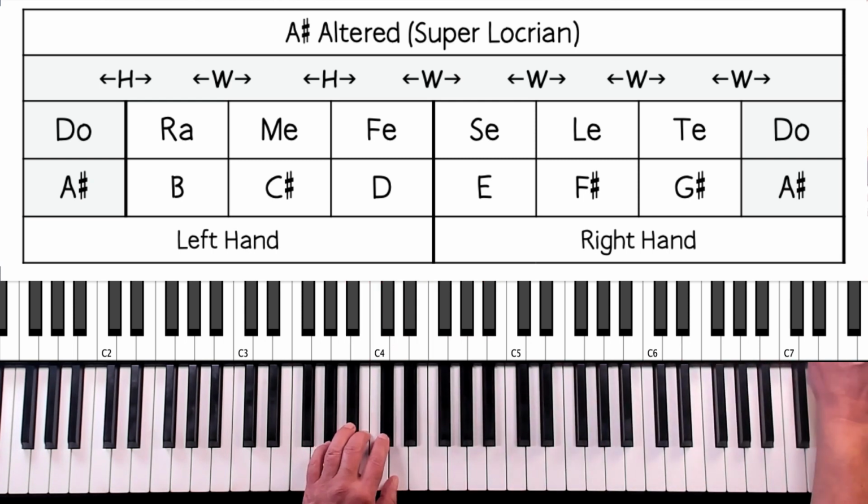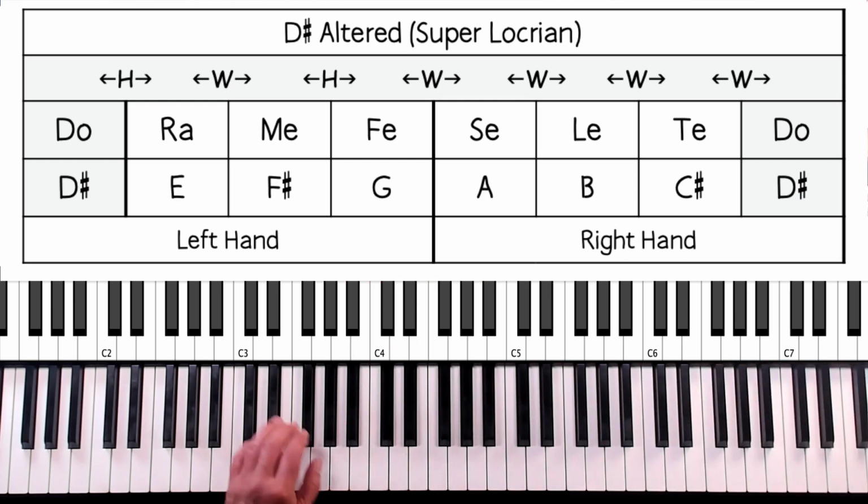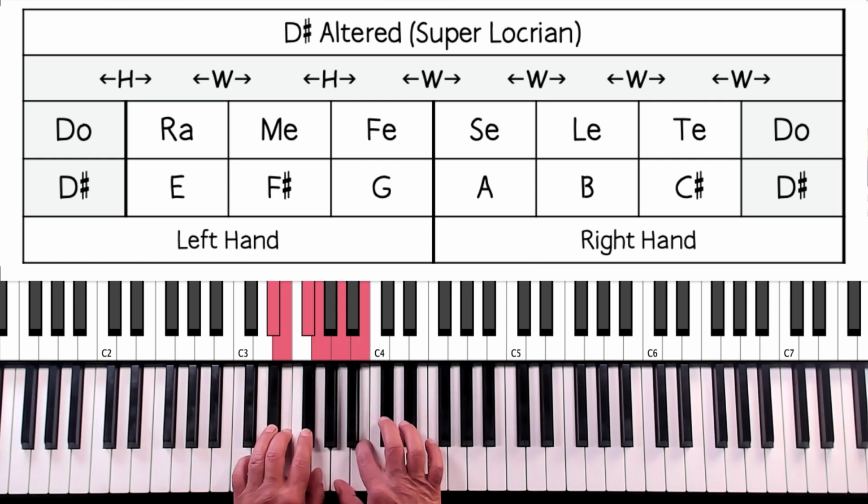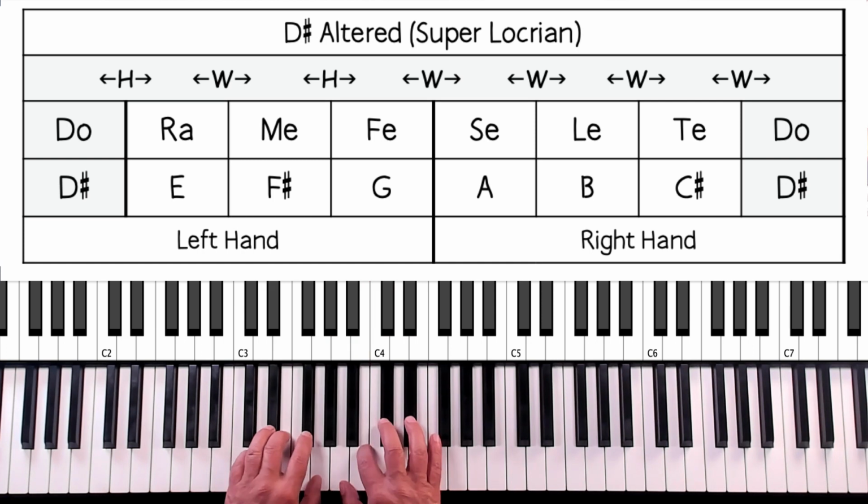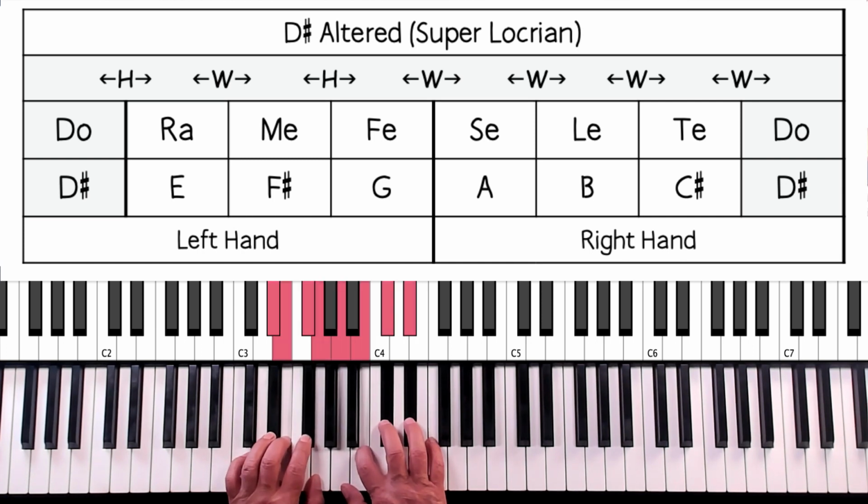Let's do a few more. D sharp altered. Do, ra, mi, fe, se, le, te, do. And that's our D sharp altered.